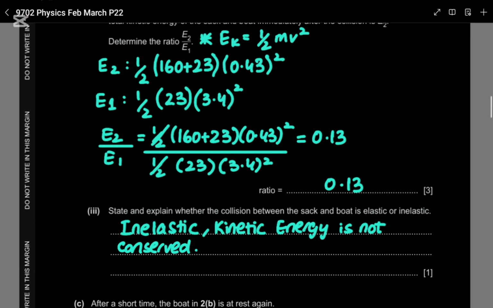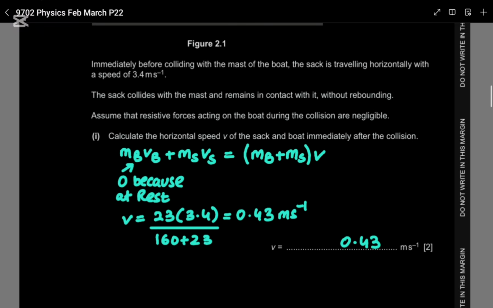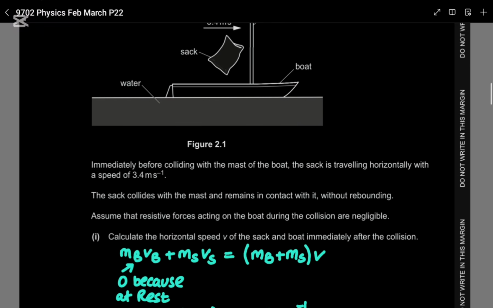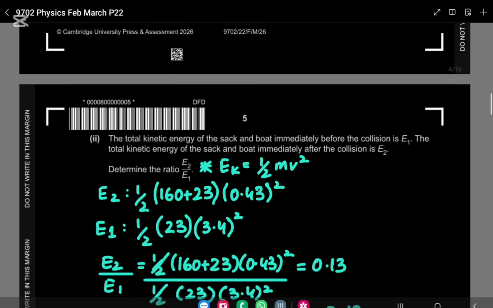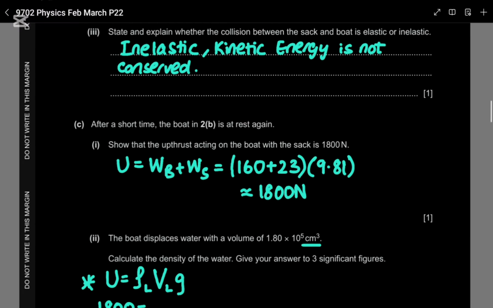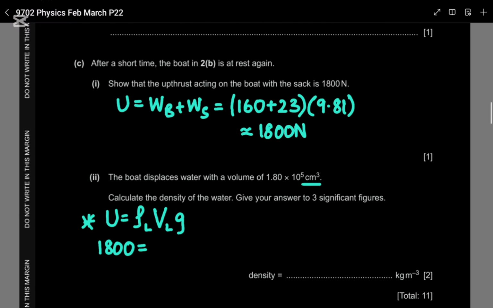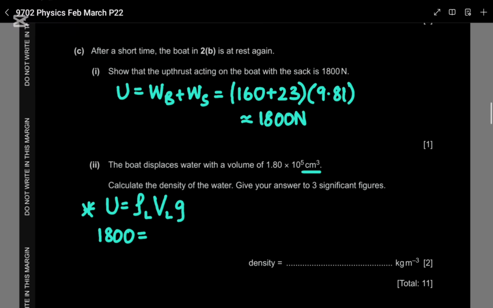They give us, let's find it out. So I think it's water. Oh, wait a second. The question itself is asking us to find the density of the water. My bad, I don't know what happened to me today.